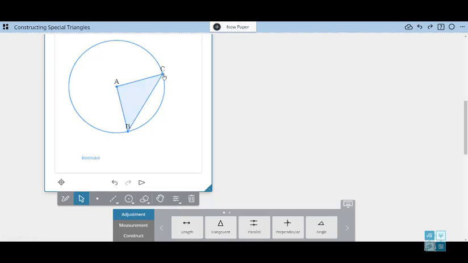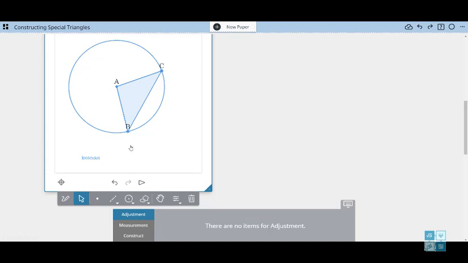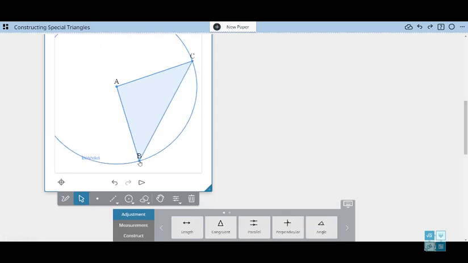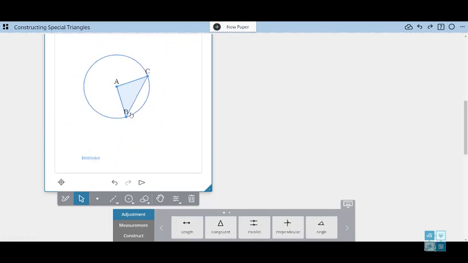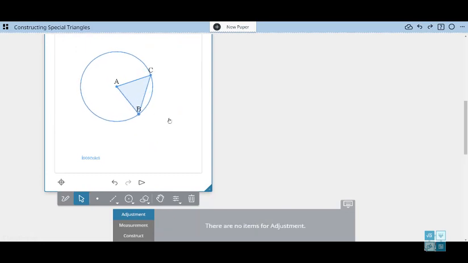Therefore, even if I change this triangle, if I move the vertices, if I make it larger, smaller, whatever, it is always going to be isosceles because I constructed it using properties of the radii.